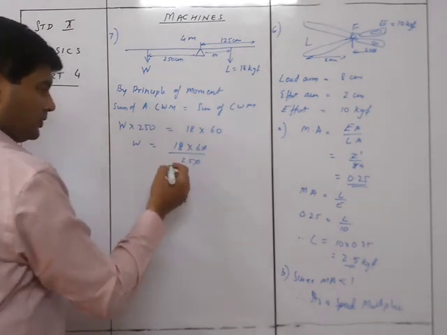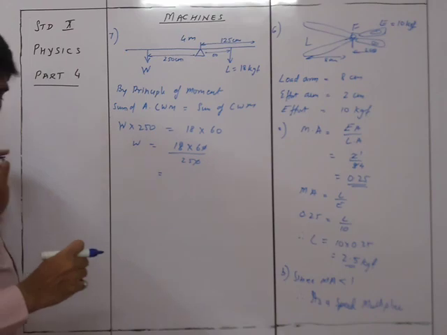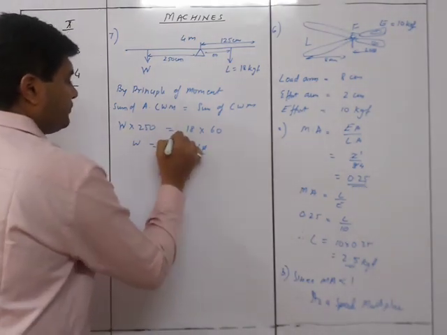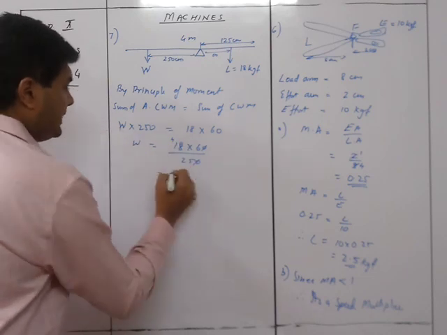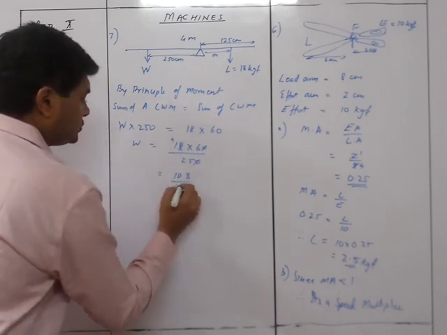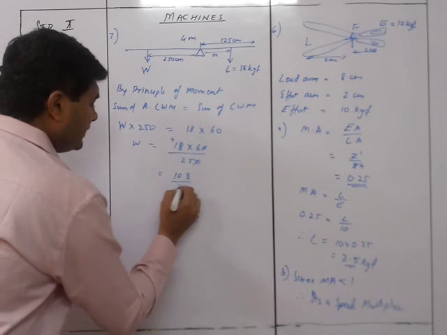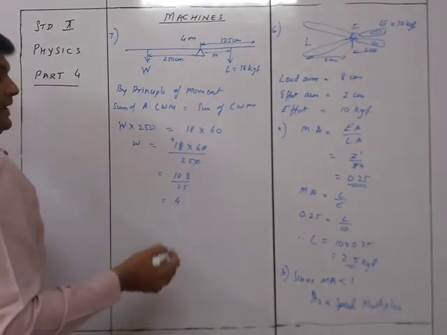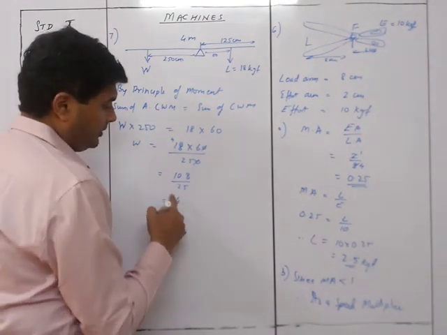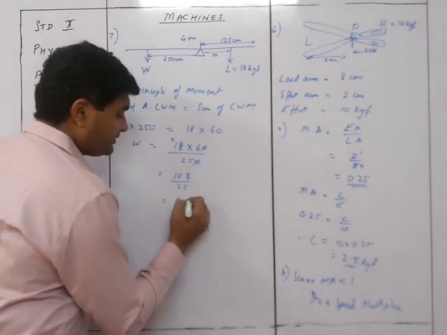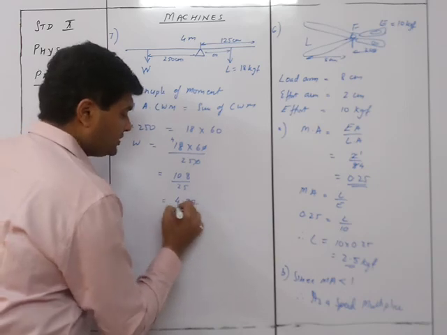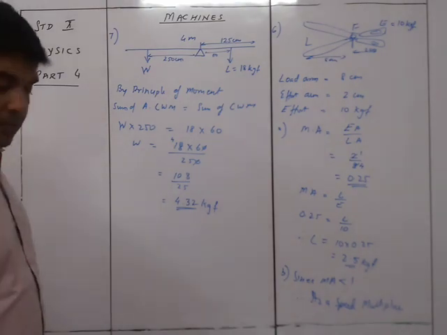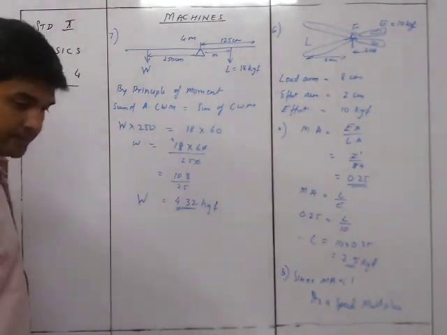You're not going to cancel anything, and you get the answer: 8 sixes are 48, and 6 by 6, 9, 10, upon 25. So that will give you 25 fours and then 8 is remaining, so 80 will be 3 fives are 75, 50 will be 2. So this is kgf: 4.32 kgf will be the value of W over here.